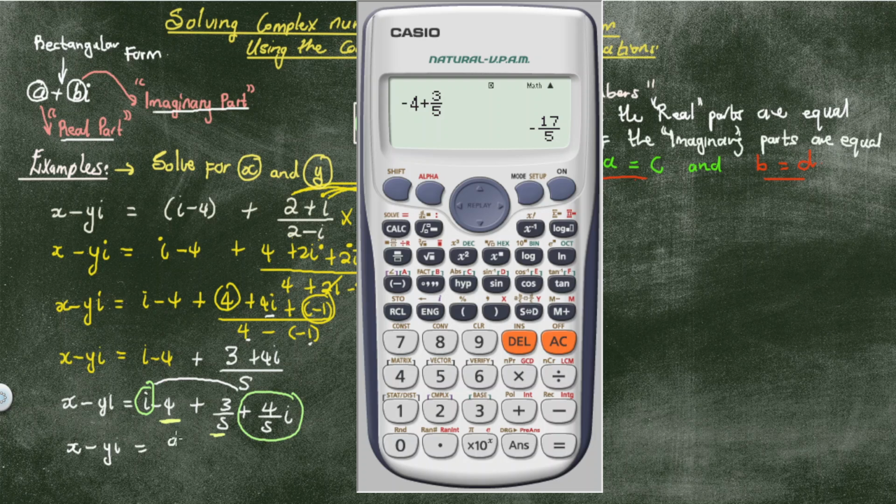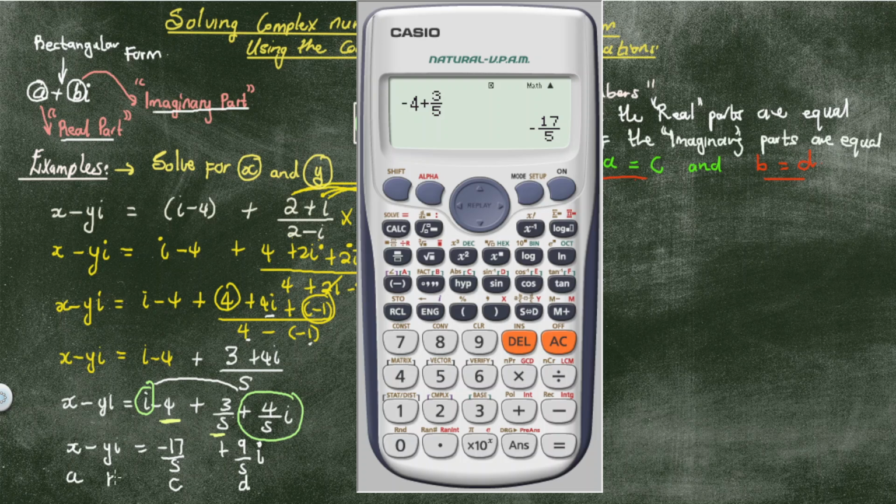It's going to be a plus 9 over 5 i, and then this and this are like terms. It's i. Alright, then this and this, it's going to be a minus 17 over 5.